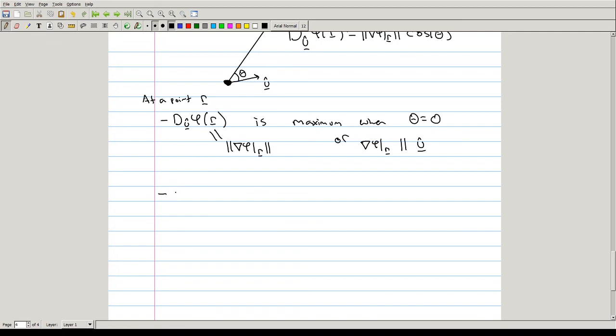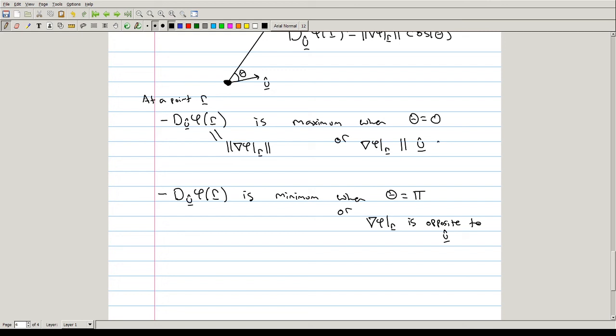Likewise, this formula tells us that the directional derivative of the scalar field phi is minimum when theta is equal to pi, or the gradient vector is opposite to u hat.